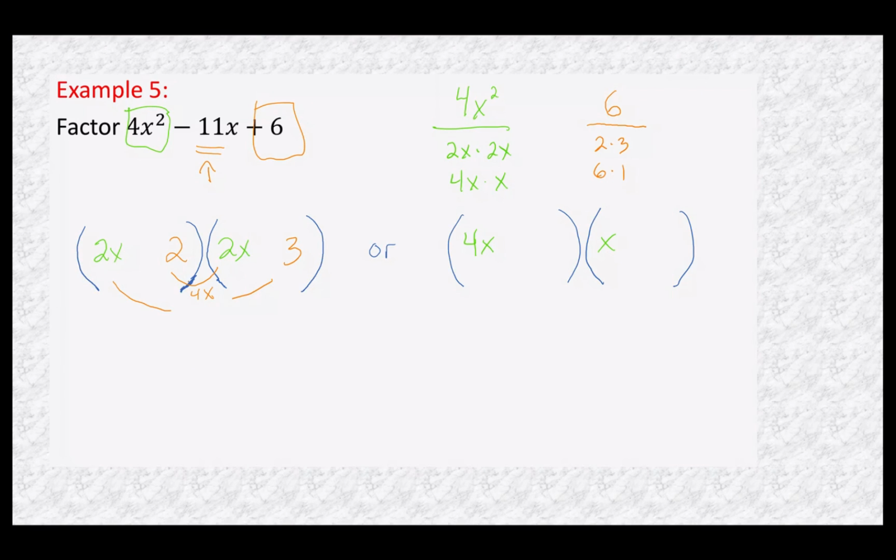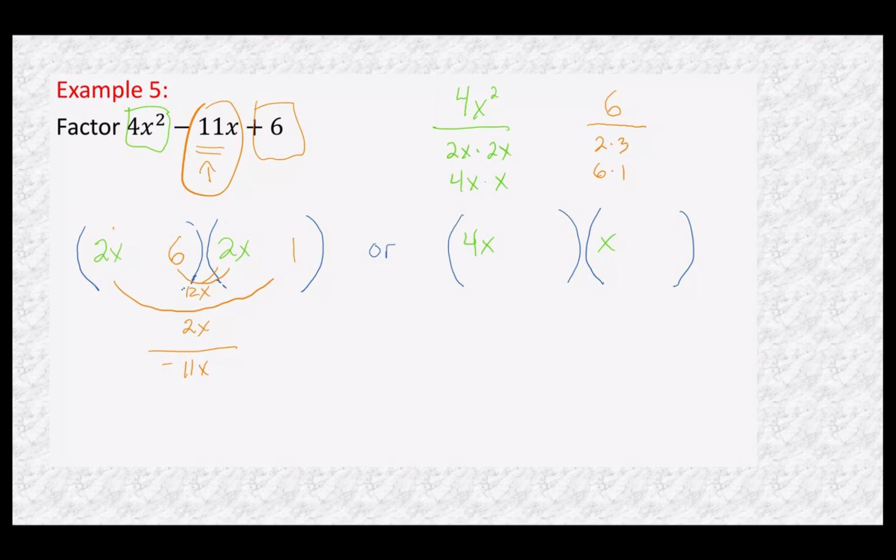But let's not forget, maybe 6 and 1 will work with that 2x and 2x. Let's look at the outer smiley face and the inner smiley face and do the multiplication. It looks like we get a combination that is not going to produce the negative 11x that we need for our target sum. So this is not working, 2x and 2x.